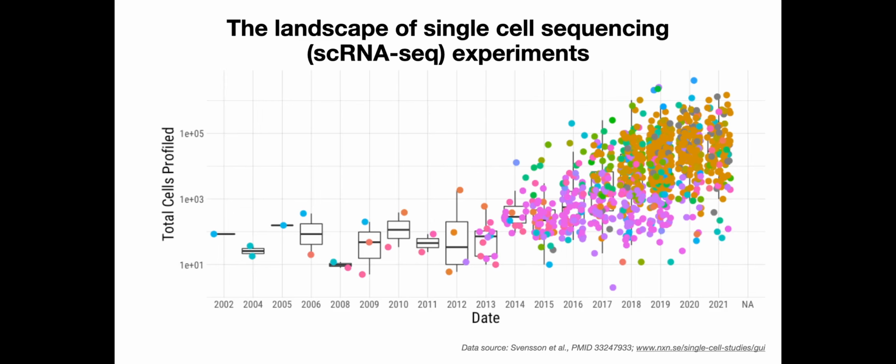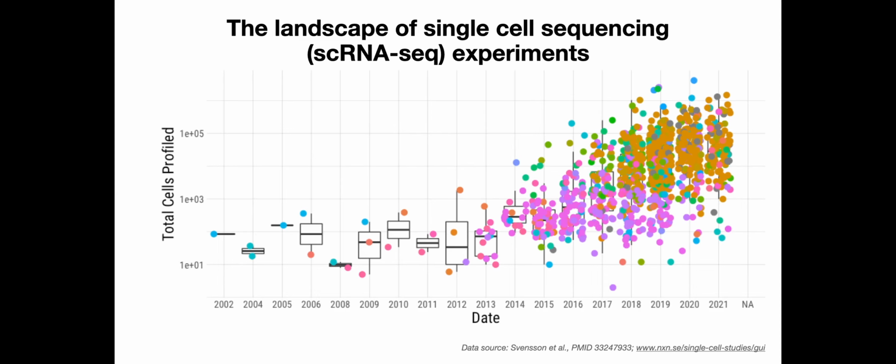Okay, so before we jump into the details of single-cell RNA-seq data, I just want to take a minute to hopefully impress upon you that the field of single-cell genomics is developing exceptionally quickly. It's just exploding. And I think that's really nicely illustrated in this plot where we're looking at time since 2002 to current and the total number of cells profiled in a single cell experiment.